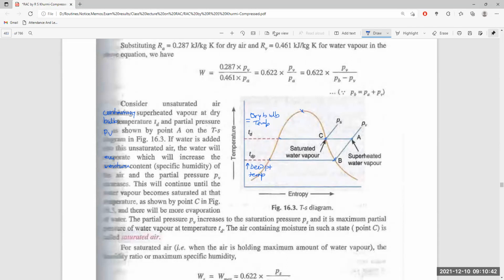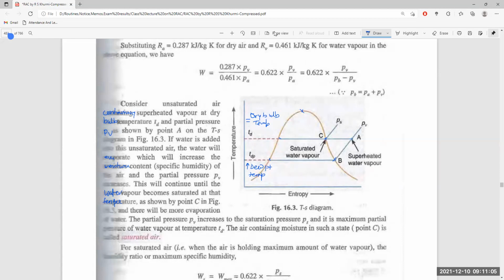As the density of the vapor increases, the partial pressure PV also increases. This will continue until the water vapor becomes fully saturated at that temperature, as shown at point C.